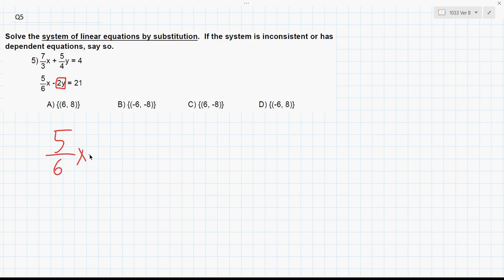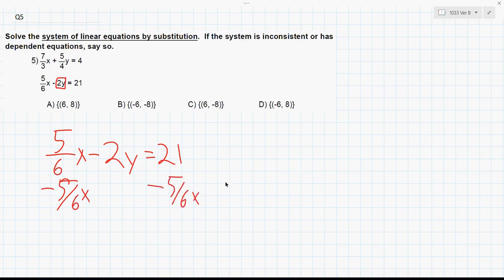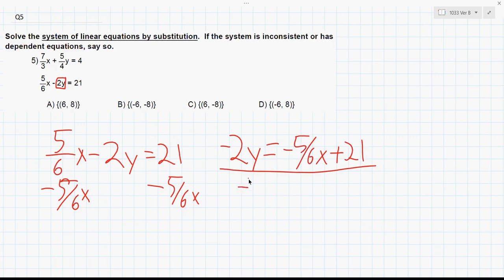So if I have the 5 over 6x minus 2y equals 21, I'll end up subtracting 5 over 6x from both sides. And that'll give me a negative 2y equals negative 5 over 6x plus 21, at which point in time I'll divide everything by negative 2.